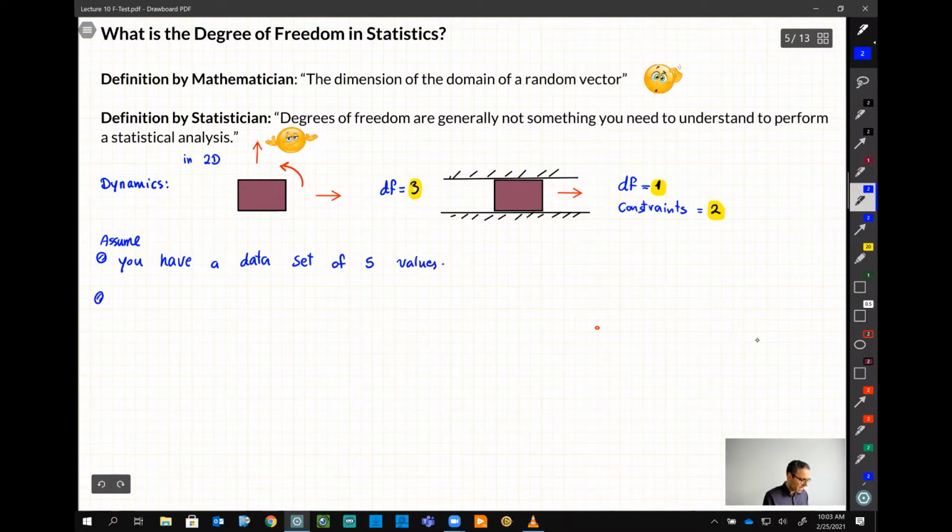And let's assume that you are not estimating anything. Okay, so you're not estimating anything. So then we can say each value can take any number. Right?